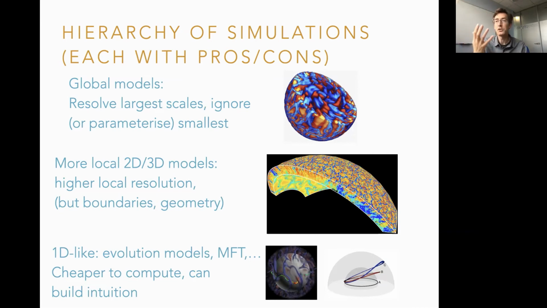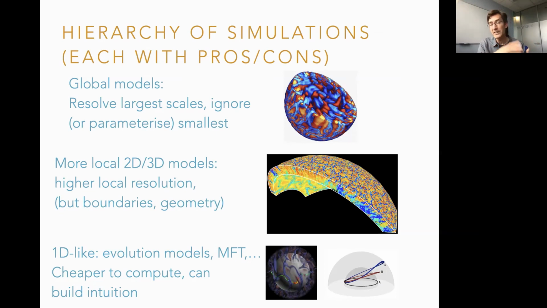Some models resolve the very largest scales in the system, but that means the flows typically are not all that turbulent. They parameterize something about the small scale physics. You might also model just small sections of the object at higher resolution, with more turbulent states, but losing the global spherical geometry, for example.